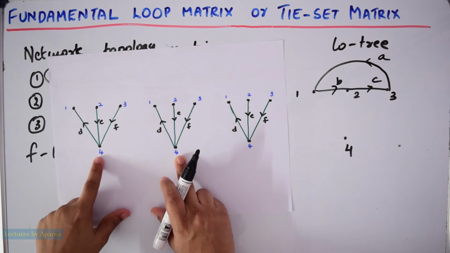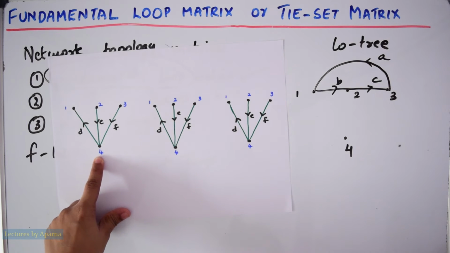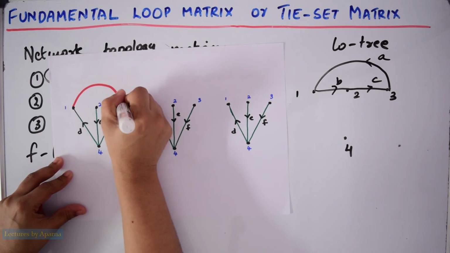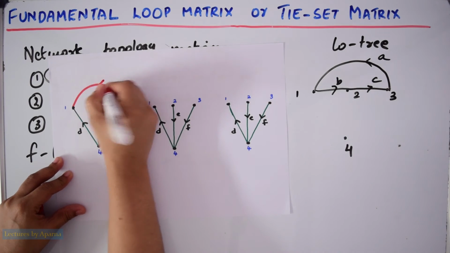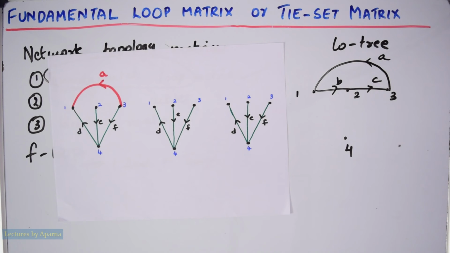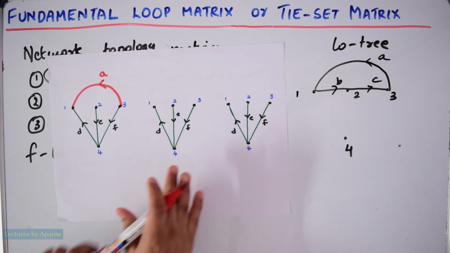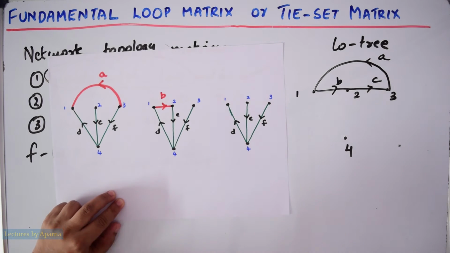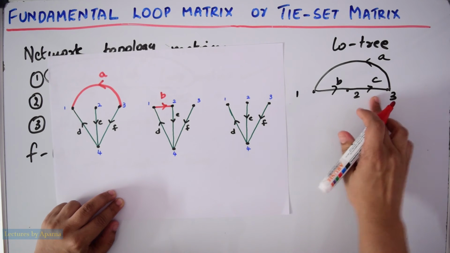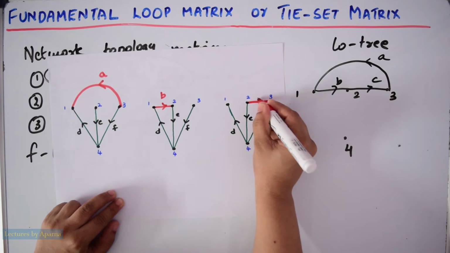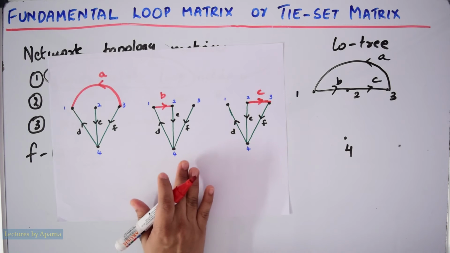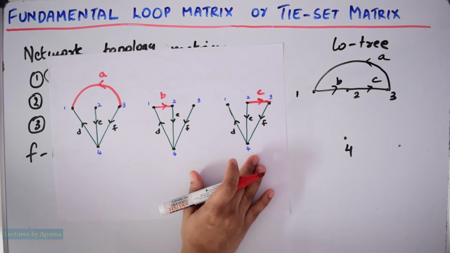To the first figure I will add link A. I have added this link A. To the second one I am adding this link B. And to the third one I am adding this link C. So here we have added link A, here link B and link C.